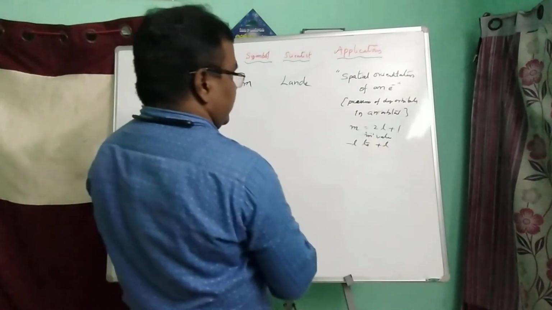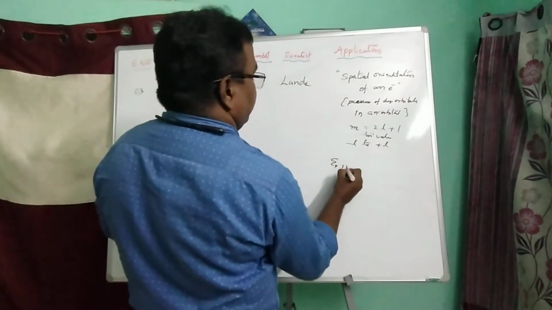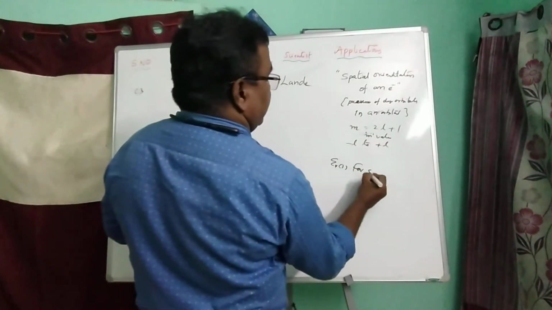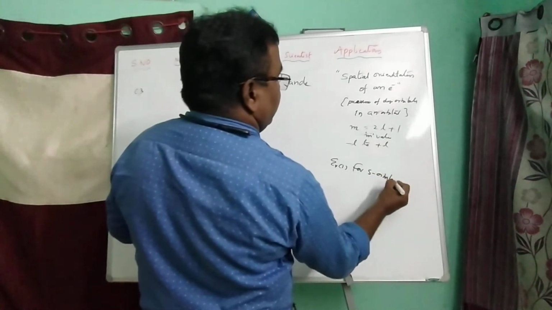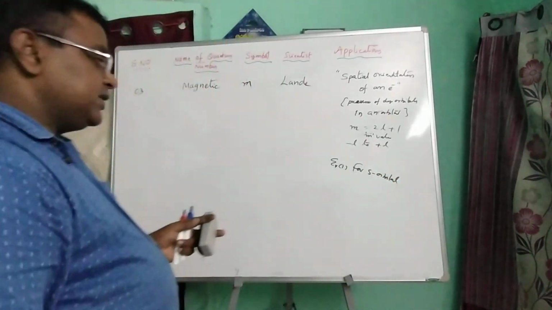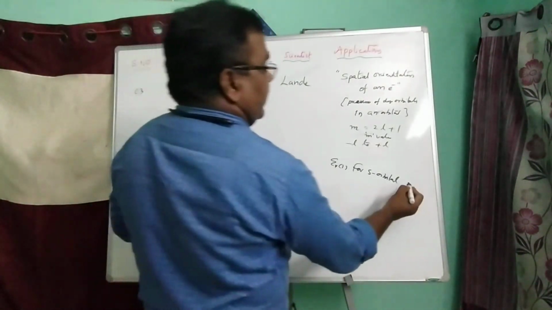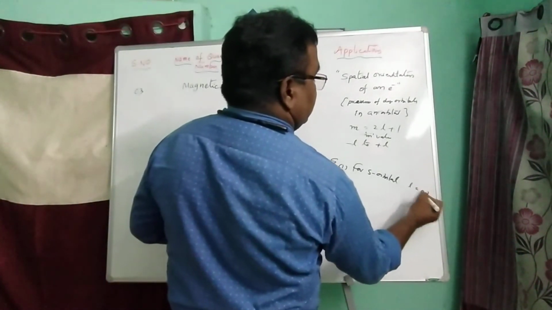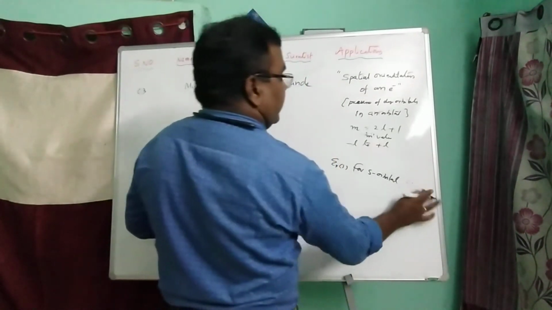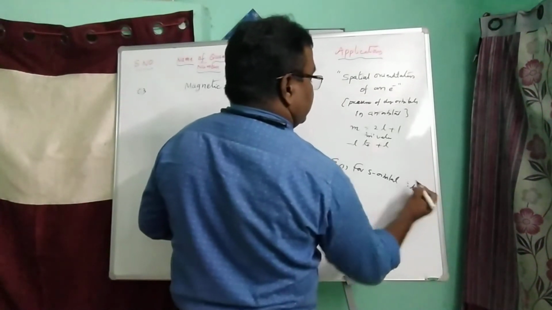Example 1: for s orbital, what is the m value? For s orbital, L is equal to 0.